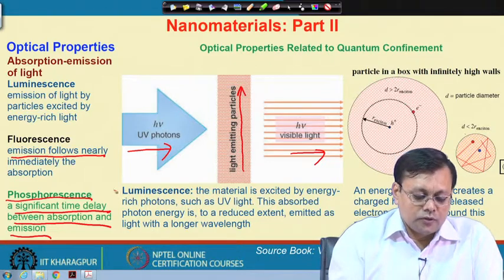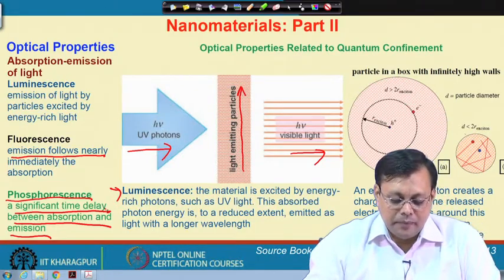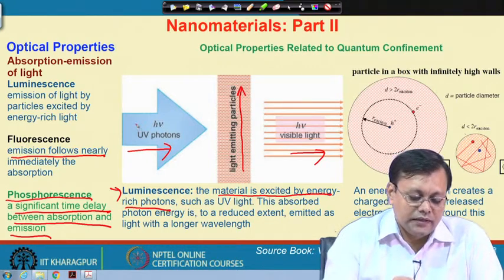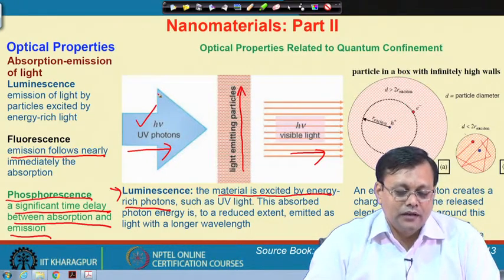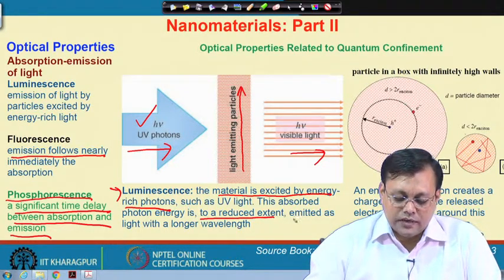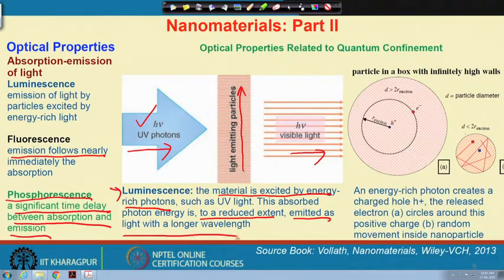So, in case of this luminescence, the material is excited by an energy rich photon. So, like here it has a lower wavelength ultraviolet ray, less than 400 nanometer, and to a reduced extent it is emitted as light with a longer wavelength. So, here the lambda UV is basically shorter than the lambda of our visible light.